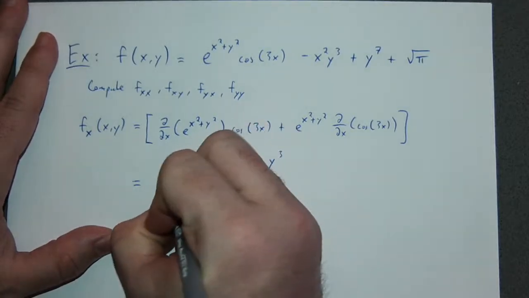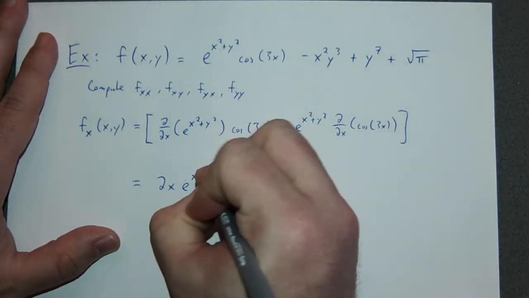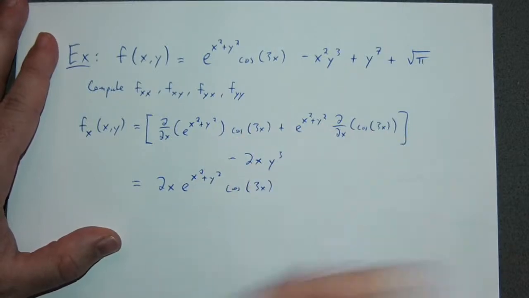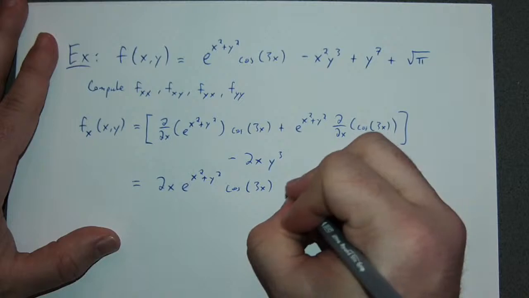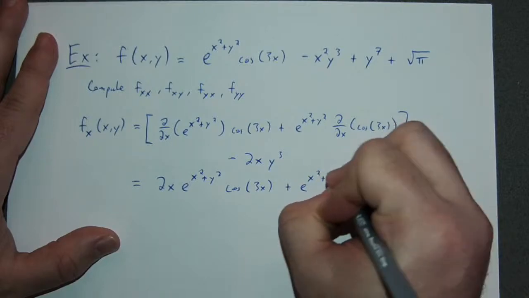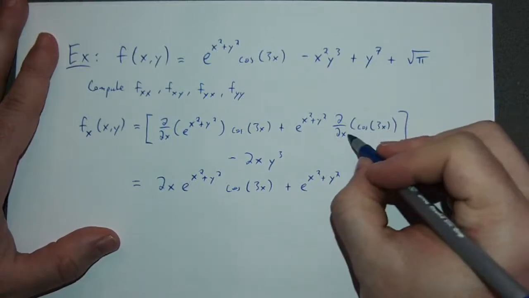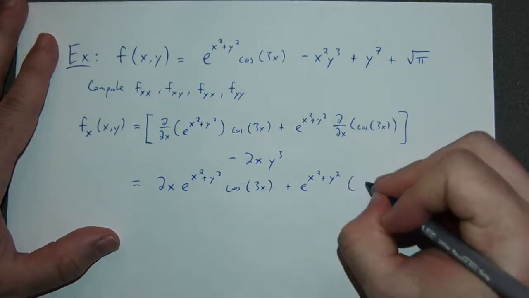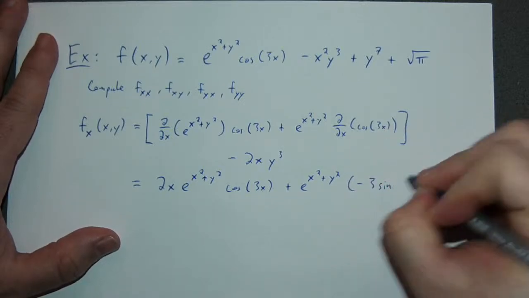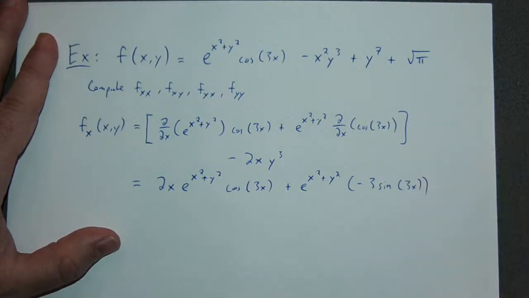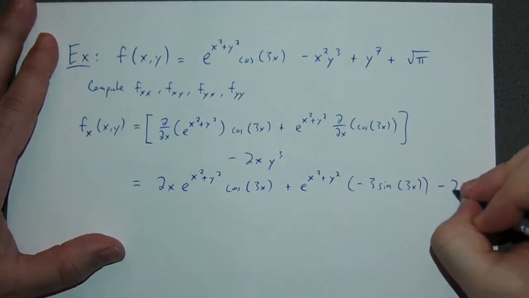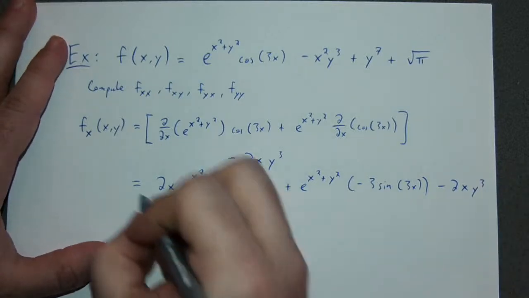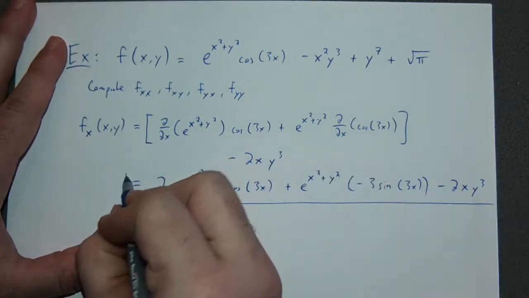So this is 2x times e to the x squared plus y squared times cosine of 3x. Plus e to the x squared plus y squared times the x partial of cosine of 3x, which is minus 3 sine of 3x. And then, of course, from this I subtract 2xy cubed. And that's my x partial.